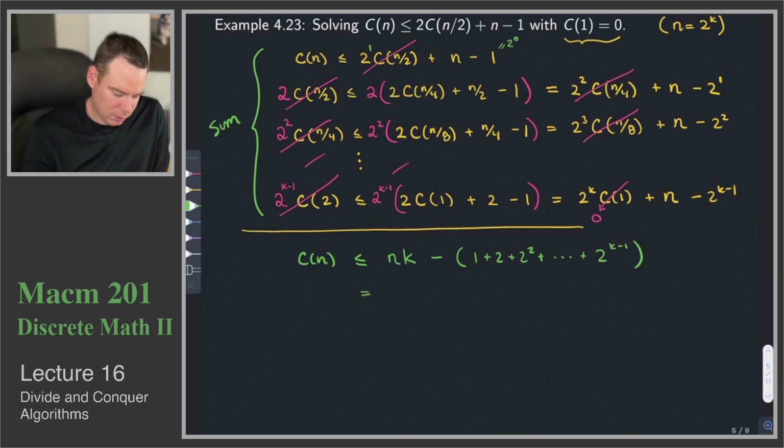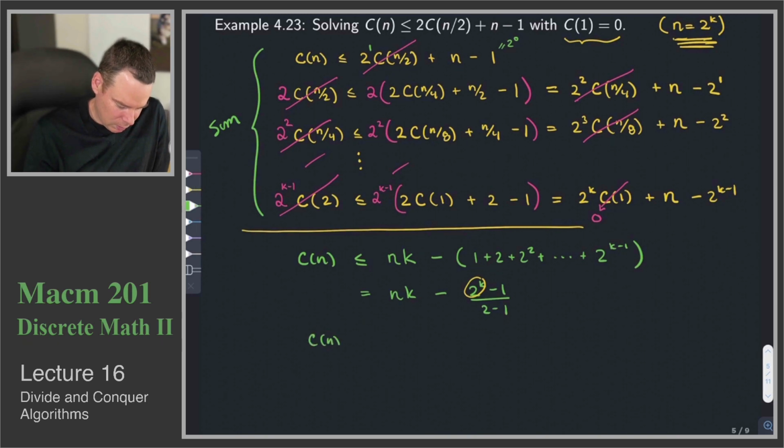We have a closed form for it, so that's nk minus (2 to the k minus 1) all over 2 minus 1. But 2 to the k is just n. Up in the top right corner we had n was 2 to the k. So this becomes C of n is less than or equal to n times k.